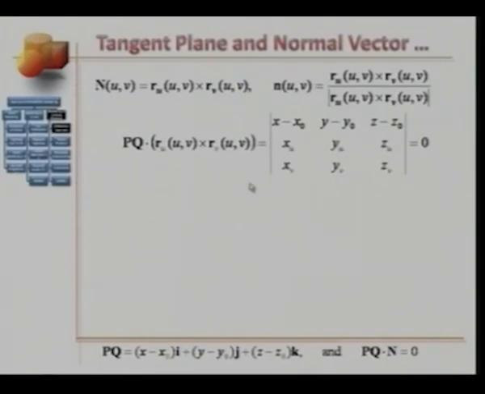Now this here is a scalar triple product with elements x minus x0, y minus y0, z minus z0. In the second row, we have the partial derivative of x with respect to u, y sub u, z sub u, and in the third row, the partial derivative of x with respect to v, the same for y, and the same for z. And because of this condition, it's equal to 0.